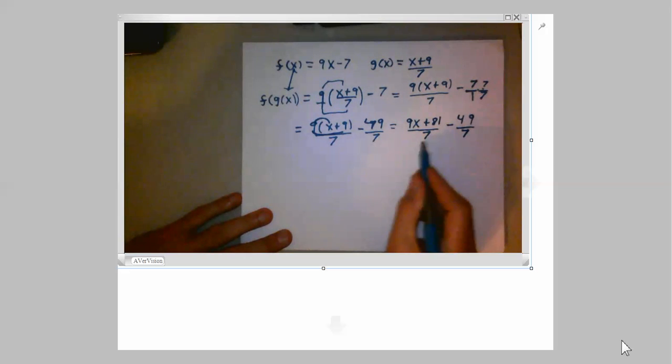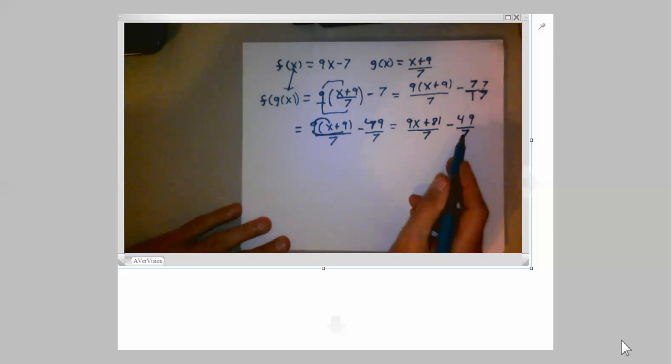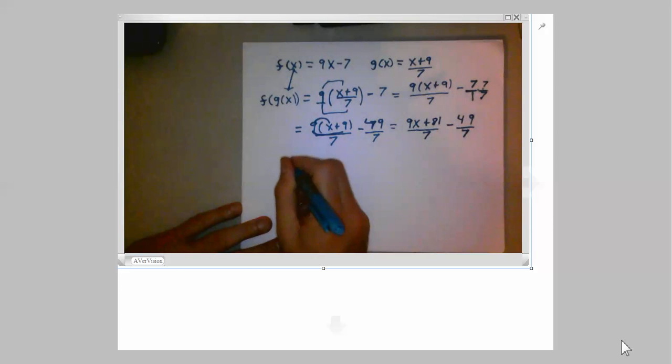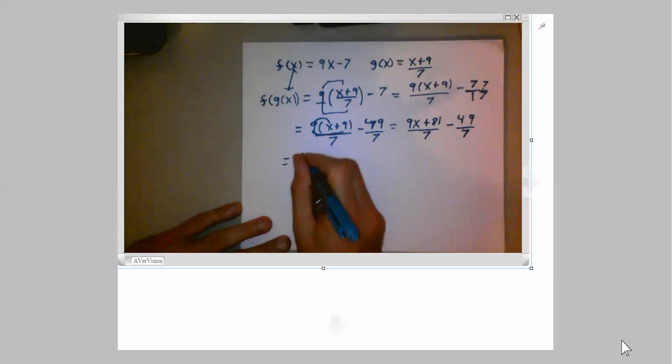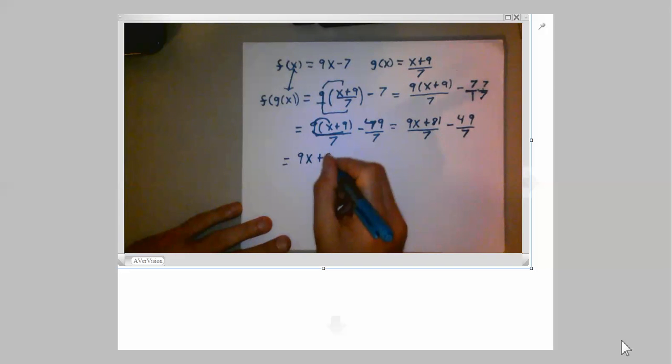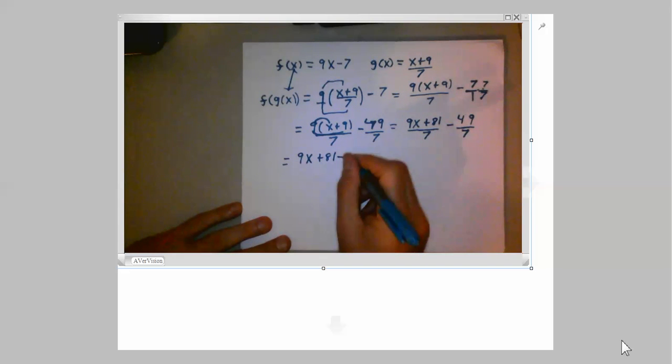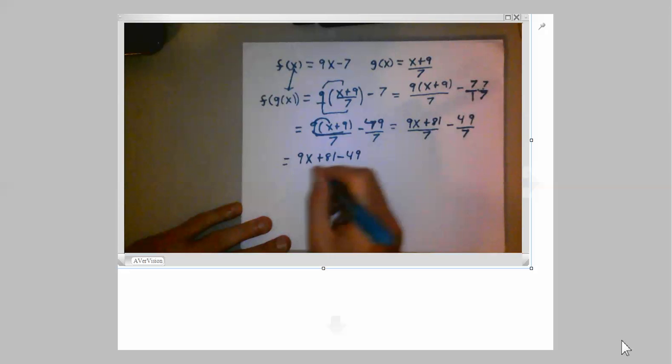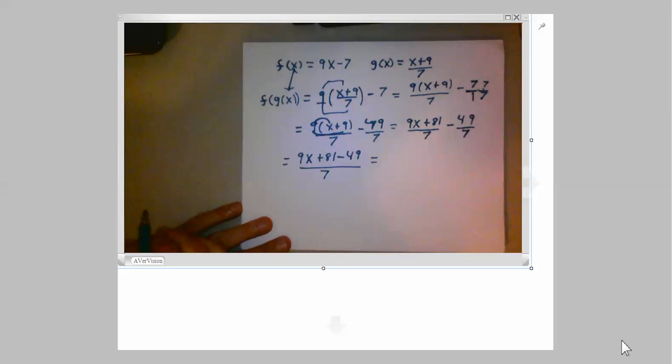Now, because I have common denominators, I can add the numerators. This is going to be 9x plus 81 minus 49, divided by 7.